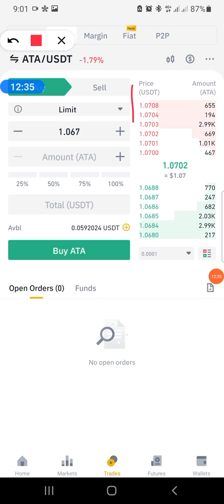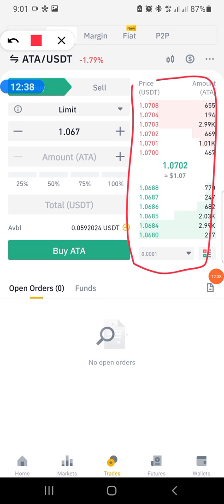This column here, we call the order book. What is an order book? An order book refers to the list of buy and sell orders of financial instruments, or of a digital currency, where they list pending orders for buying and selling of digital assets.